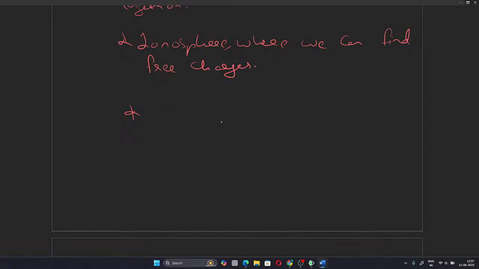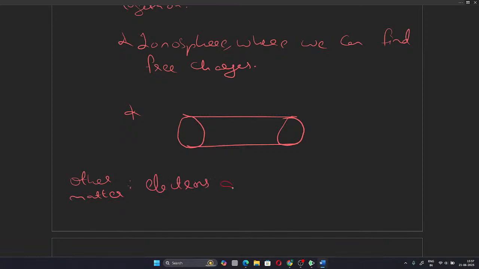In metals, in a metallic conductor, normally in other matter, electrons are not free to be moved because they are bound by the nucleus.